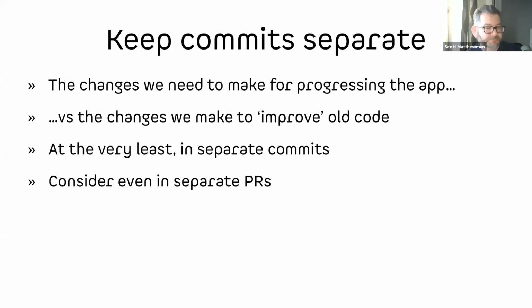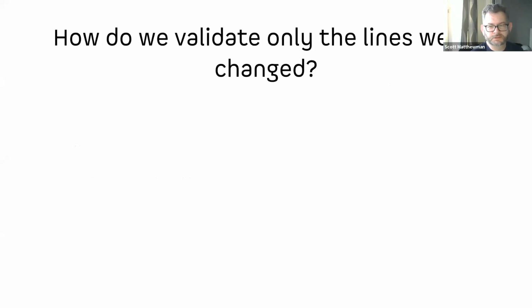I would even suggest it might be worth thinking about whether you should do those in separate pull requests. But even so, it can actually be really hard to see and validate those changes.